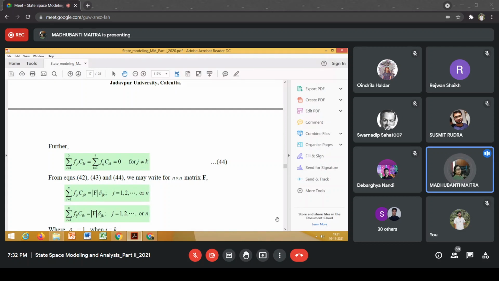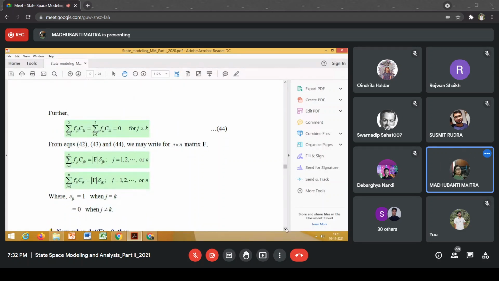So now we can combine this condition, as well as the previous one, the determinant one. So we can write that summation i assuming values from 1 to n. Now we are extending this particular concept for an n by n matrix F, for a matrix F having a dimension n by n.